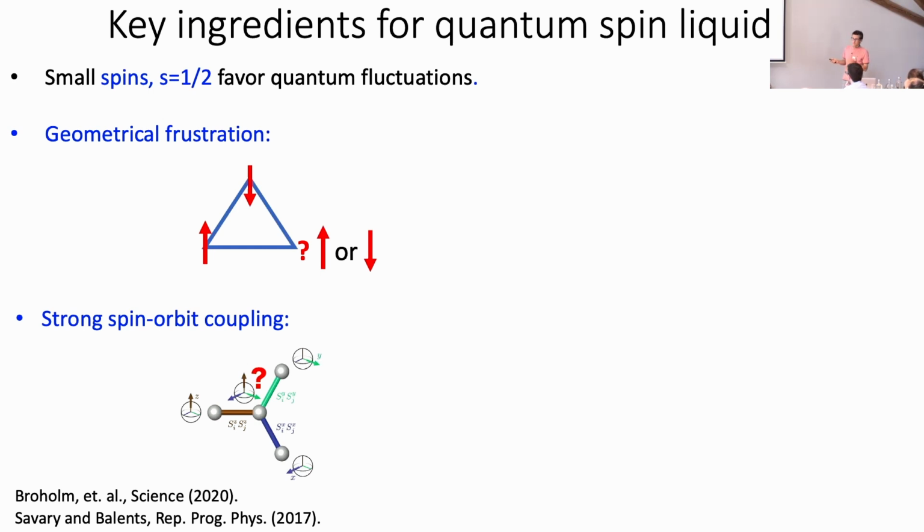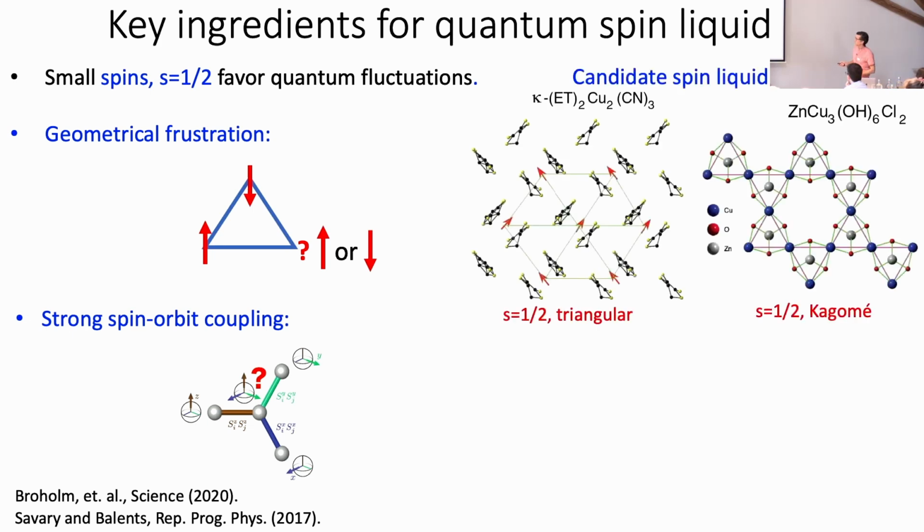It is favorable to have small spins, and then either geometrical frustration or a strong spin-orbit coupling, since the strong spin-orbit coupling can generate a quantum compass interaction, as in the Kitaev model that has been discussed so intensively before.